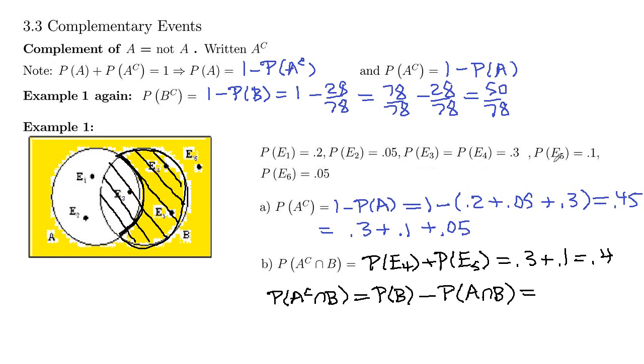So 0.3, 0.3, and 0.1. So this will be 0.3 plus 0.3 plus 0.1. And then subtract out the overlap. A intersect B is just the probability of 3, which is 0.3. So that's 0.7 minus 0.3, also 0.4. So that's another way to look at A complement intersect B.